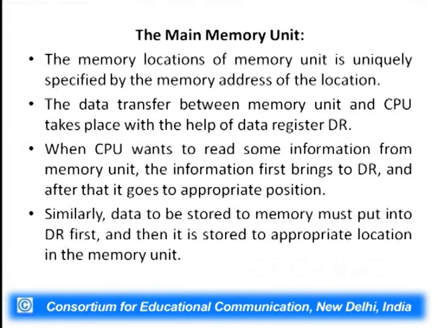Now, the main memory unit of the IAS system is uniquely specified by the memory address of the location. The data transfer between the memory unit and the CPU takes place with the help of a data register, which is called DR. When the CPU wants to read some information from the memory unit, the information is first brought to the data register, and after that it goes to the appropriate position where the manipulation operation has to be performed, that is the memory location where it has to be fetched from or read into.